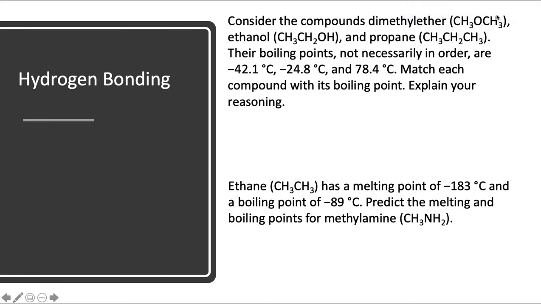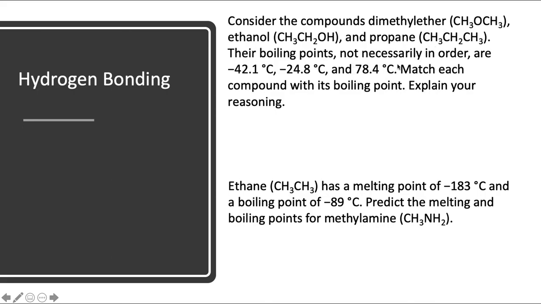Whereas here, it's not the case. I have the oxygen bonded to the two carbons. And we know that oxygen only forms two bonds, so it's not bonded to any hydrogens. Therefore, we know that this has hydrogen bonding and this doesn't. So this will have the highest boiling point out of all three.